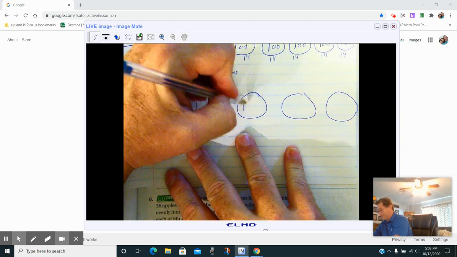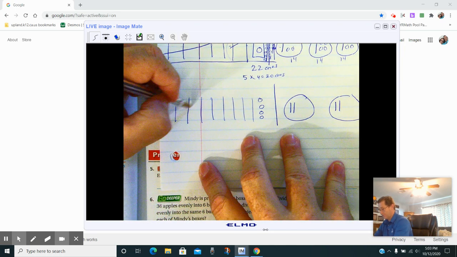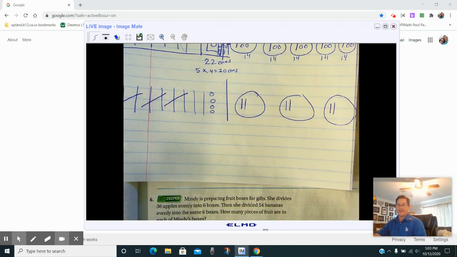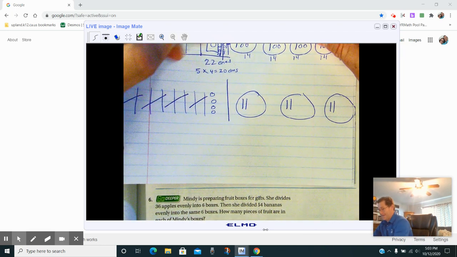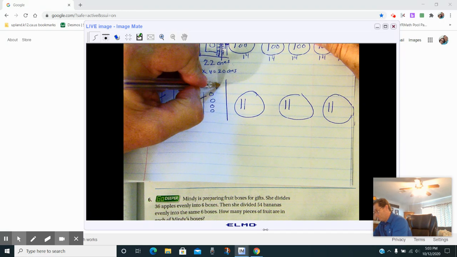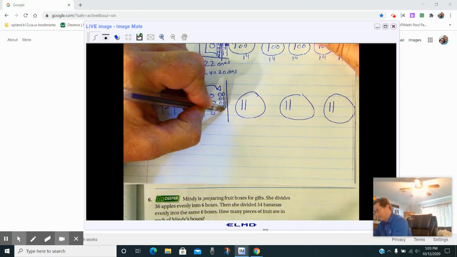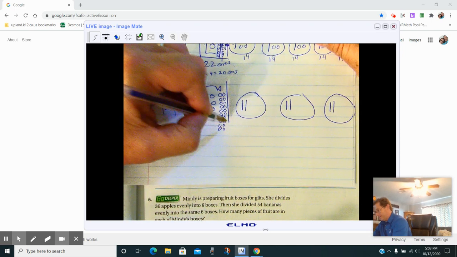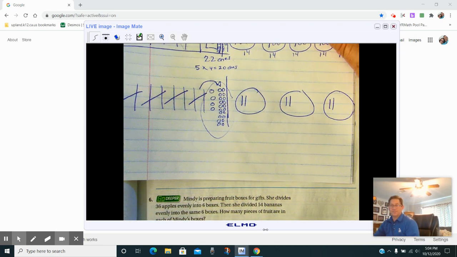2, 4, 6. I have 2 10s left. I cannot share those equally amongst the 3 groups. So I'm going to trade the 2 10s for 20 1s. Okay, so now we have 24 1s to share. 24 divided by 3 would be 8 1s in each group.